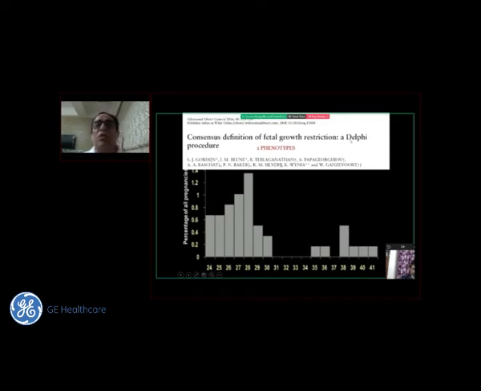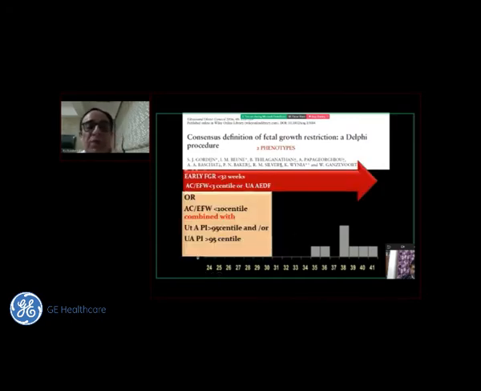So keeping these two phenotypes in mind, early and late IUGR, we had the Delphi consensus identifying which parameters can be responsible in the early FGR and which parameters are responsible and can be visualized in late FGR. So when we are talking about early FGR, we essentially talk about the fetal weight or the abdomen circumference, which is less than the third centile, or if there is absent end diastolic flow as an independent marker.